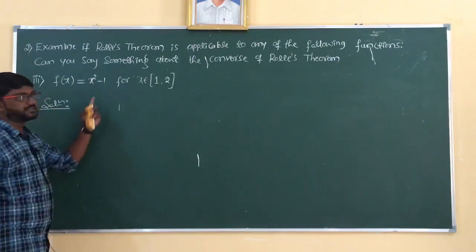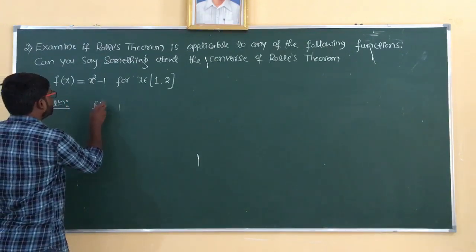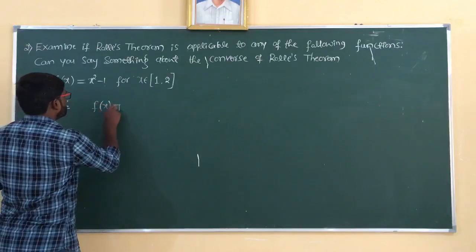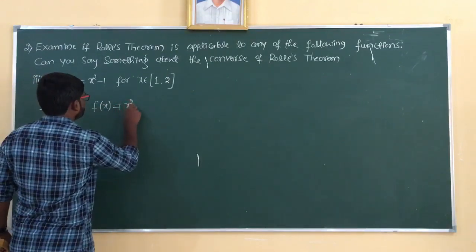So write the given function as it is, f of x equals x square minus 1.